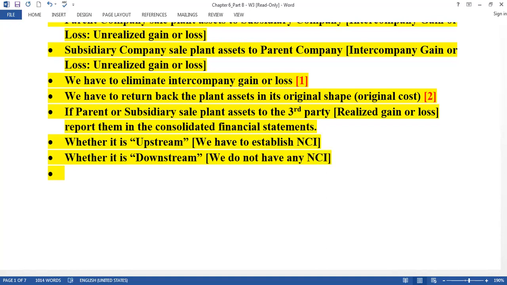Then you have to read the question. The question will clearly tell you the method, cost or partial.